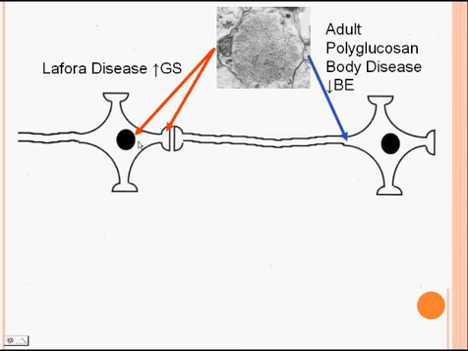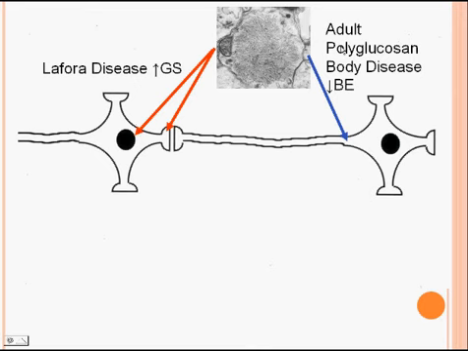The brain cells talk to each other through a connection between what's called an axon, which is this long part, and dendrite. So the axon of the neuron on the right sends a message to the dendrite of the neuron on the left through what's called a synapse. In Lafora disease, the polyglucosan bodies are in the dendrite, on the receiving end of the message transmission, and also in this perinuclear region.